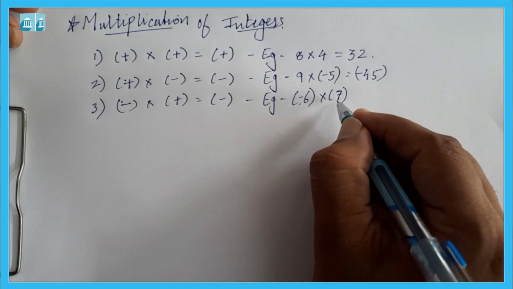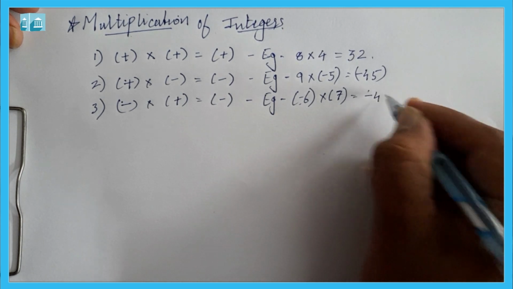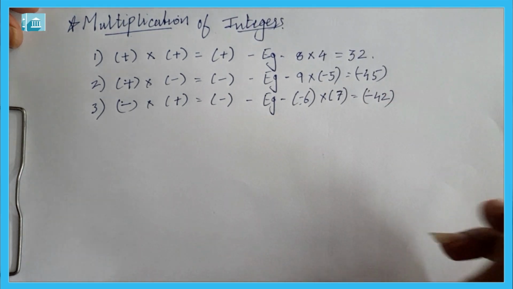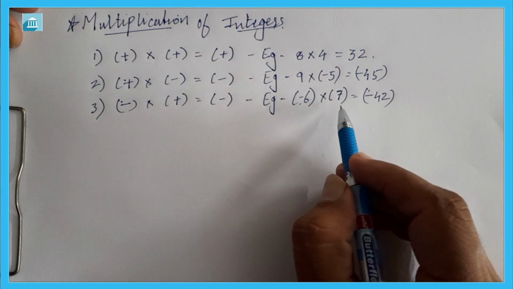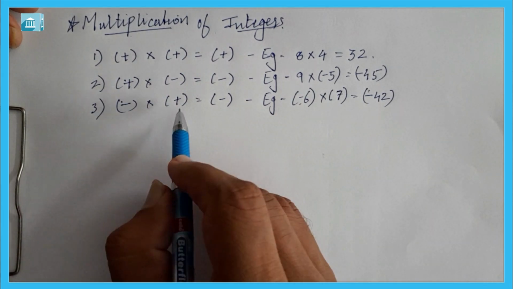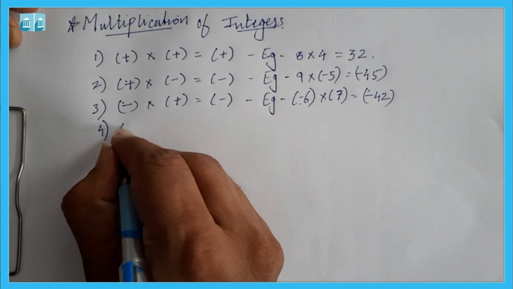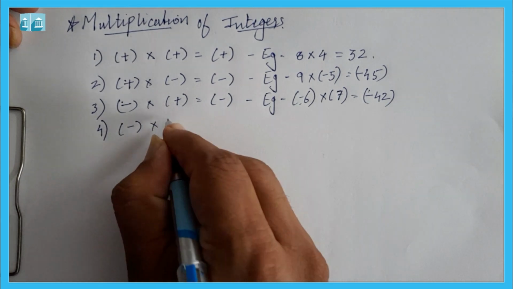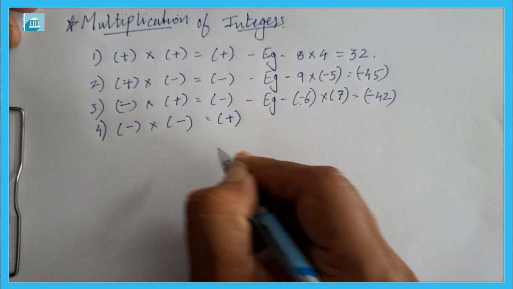Here minus 6 is negative, 7 is positive, so it will be minus 42. Negative multiplied by positive is negative.